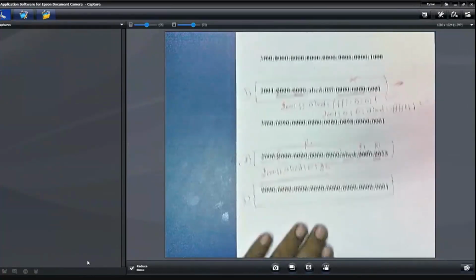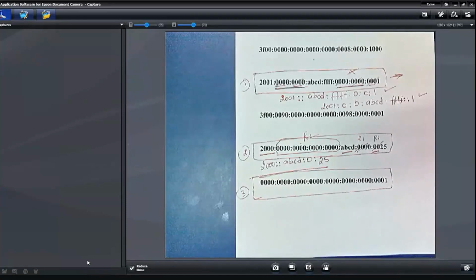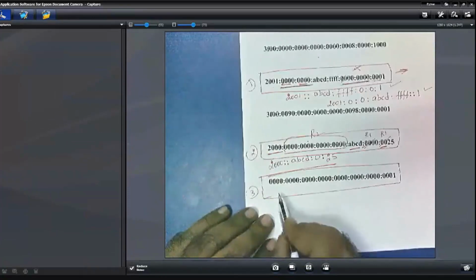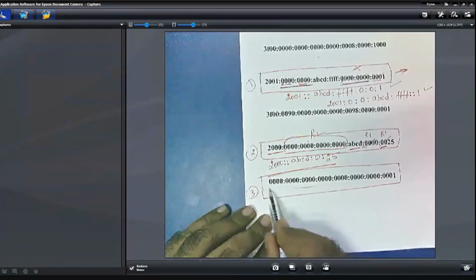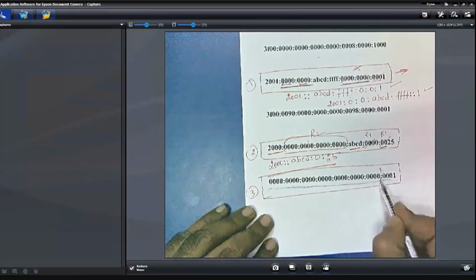Now go to the last one, a very interesting question, number 3. Almost everybody is answering. Very good. So the answer for this problem: you can remove the continuous zeros, up to this it is continuous zeros.